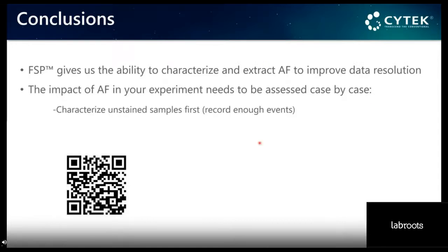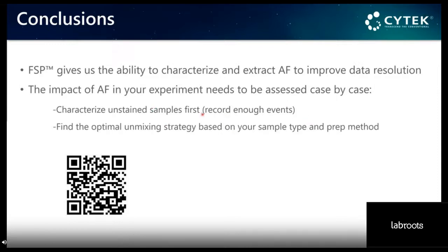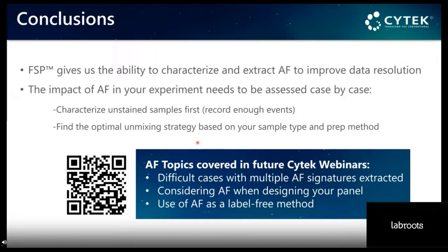So make sure that if you want to characterize well the autofluorescence, you bring unstained samples with enough events to characterize it better, that unstained sample matches the sample type and the preparation method you use in your multicolor. And then you define what's the optimal unmixing strategy by looking at how much light you're getting, how heterogeneous is, and how many subsets you are present in your sample.